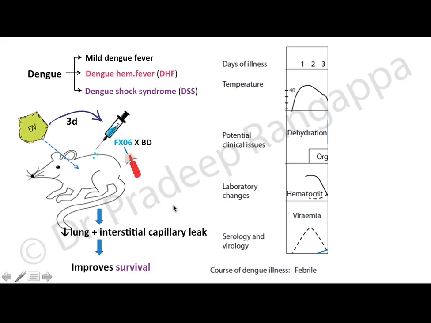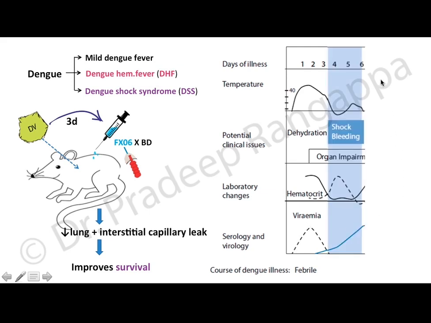When you look at the clinical phases of dengue, this is by days of illness. Day 1 to 3 is the time when temperature increases, and that is when you have a phase of dehydration, and hematocrit tends to come down, and viremia is maximum in 1 to 3 days. 4 to 6 days is where all the havoc happens, where temperature comes to almost baseline.